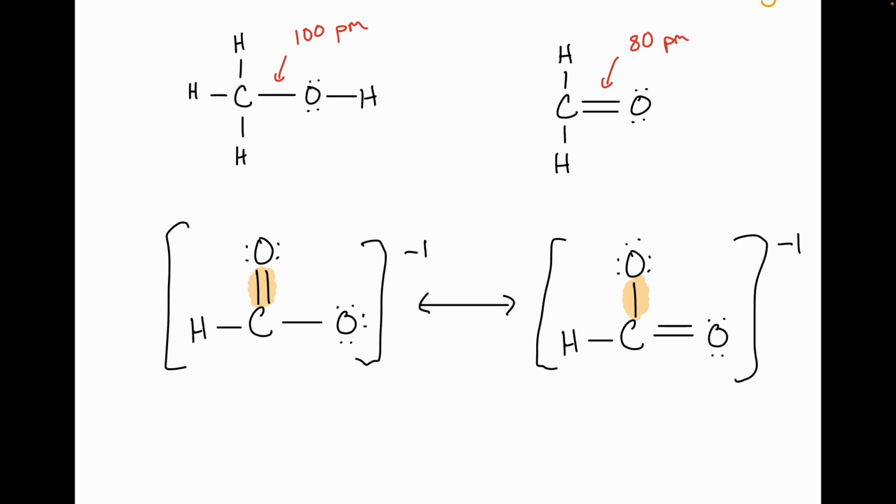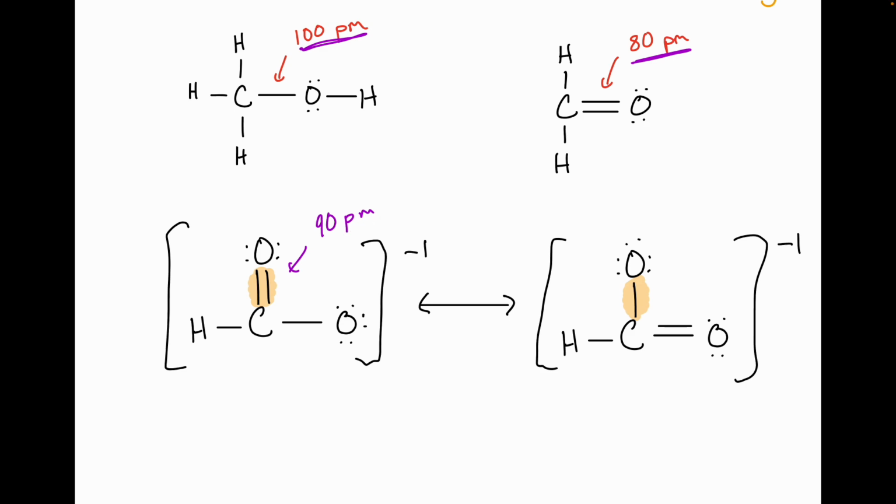It's got a fixed bond length. And its fixed bond length is going to be between that of a double and a single bond, right? So this bond here would have a bond length at about 90 picometers, right in between the bond length of a single and a double bond, right? If a single carbon-oxygen bond is 100 picometers, and a double carbon-oxygen bond is 80, this resonance carbon-oxygen bond is that number right between those two values, 90.